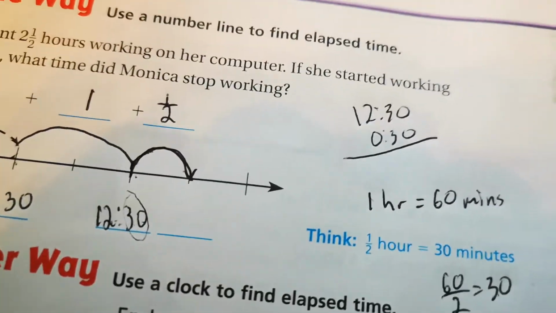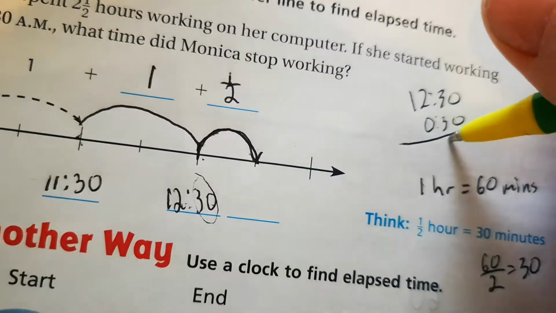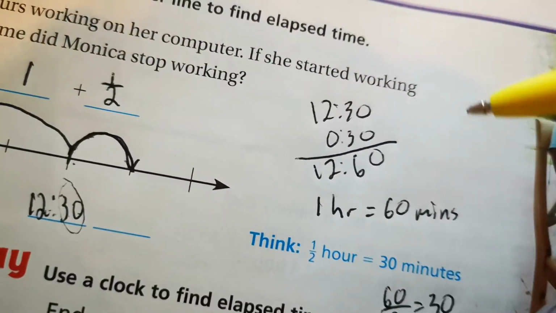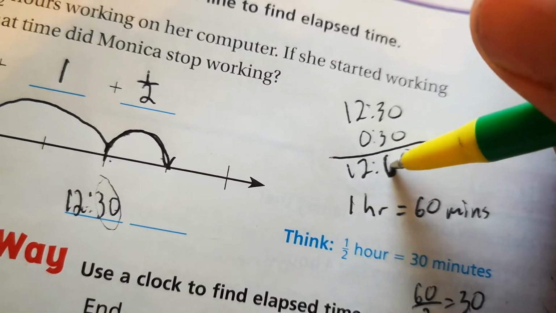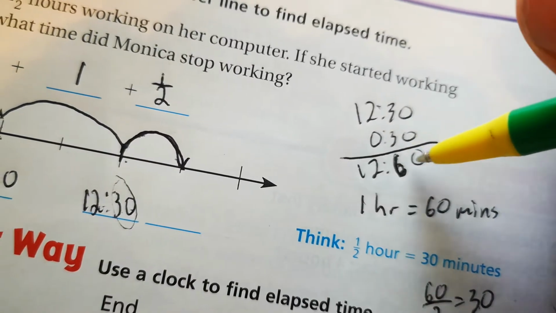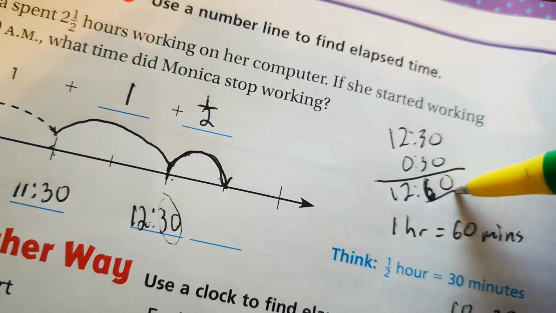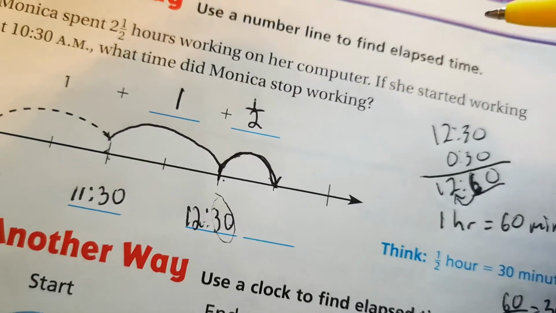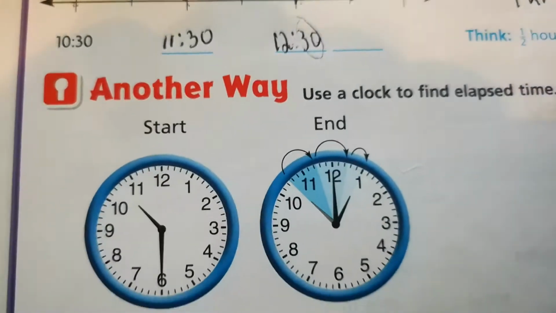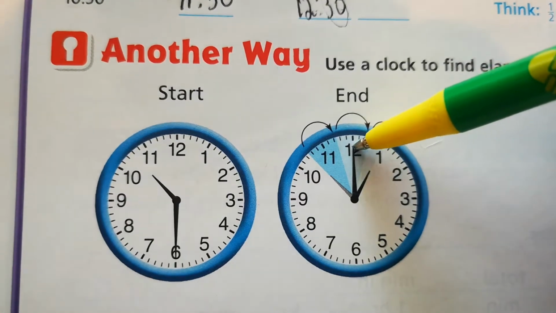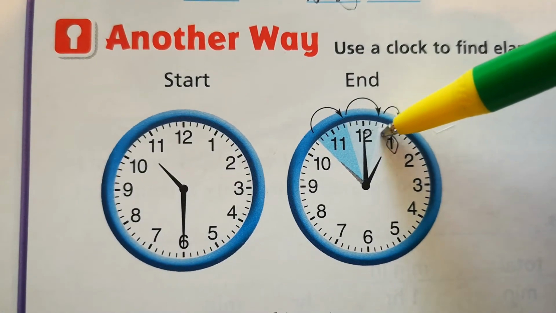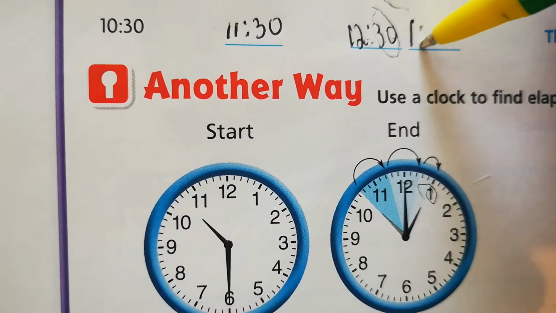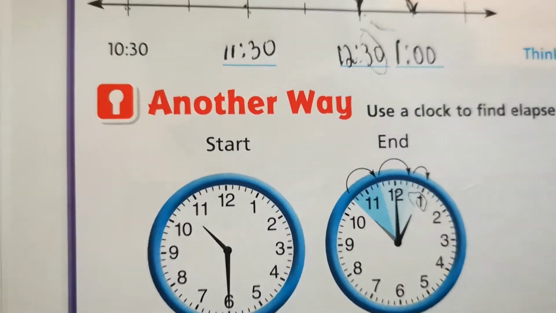I'm adding 0 hours, I'm adding 30 minutes, I'm going to get 60, and I'm going to get 1260. But 1260 isn't a time, because remember, 60 minutes equals an hour. So I'm going to carry this hour over to 12. But what happens when I carry an hour past 12? I'm back at 1. So the time actually is going to be 1 o'clock.